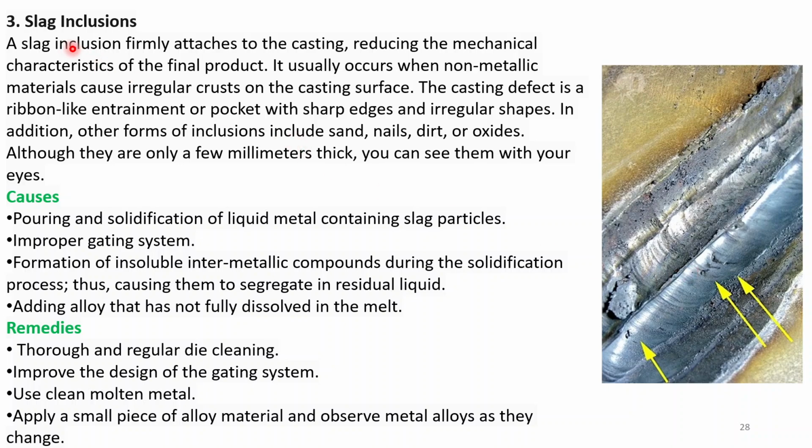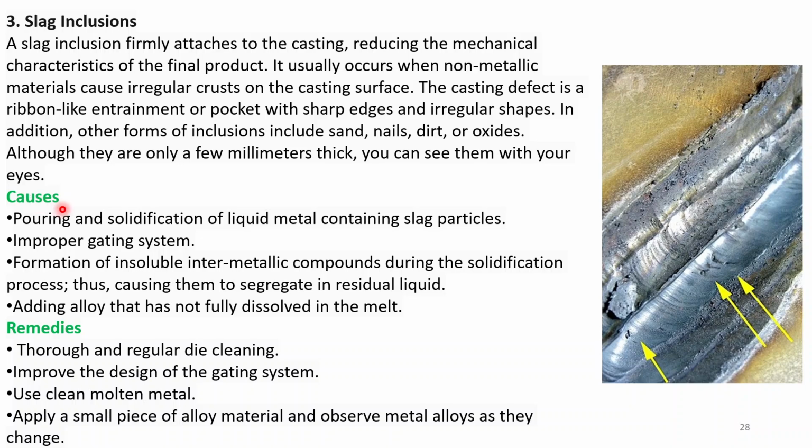So a slag inclusion firmly attaches to the casting, reducing the mechanical characteristics of the final product, and it usually occurs when non-metallic materials cause irregular crusts on the casting surface, and the casting defect is a ribbon-like entrainment or pocket with sharp edges and regular shapes. And in addition, other forms of inclusions include sand, nails, dirt or oxides. Although they are only a few millimeters thick, you can see them with your eyes.